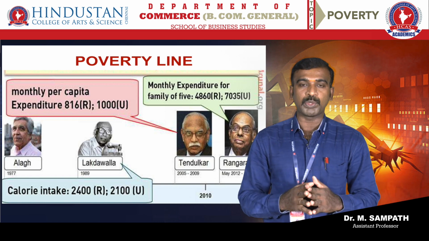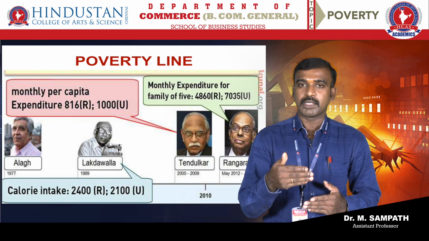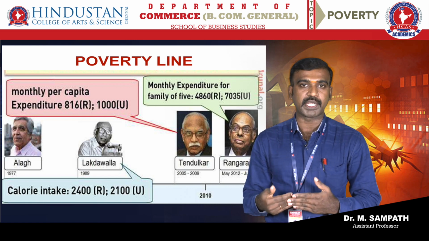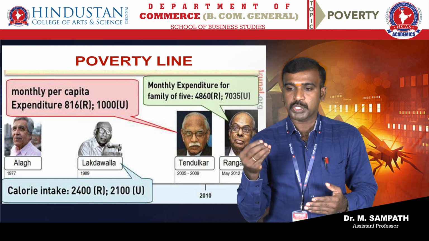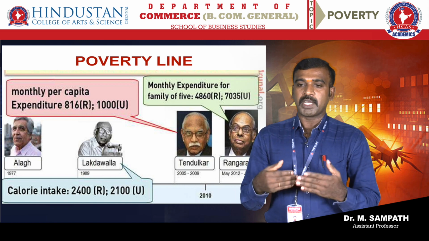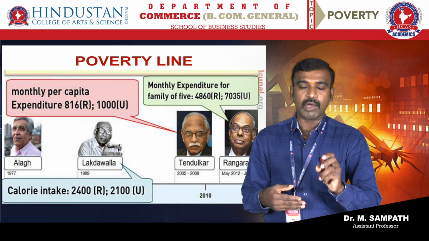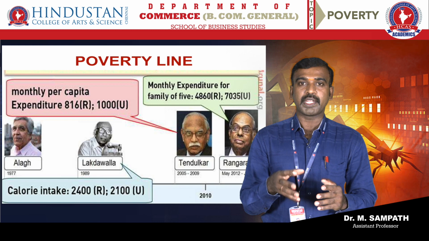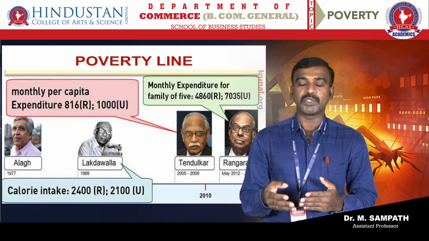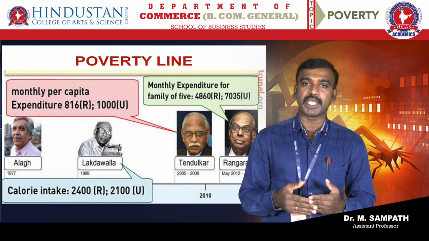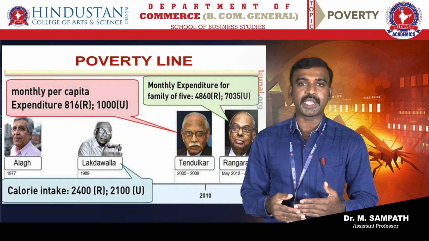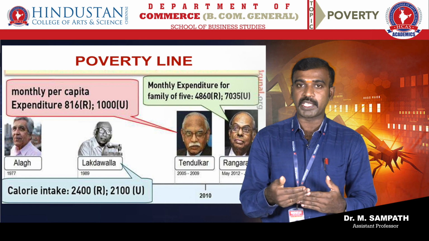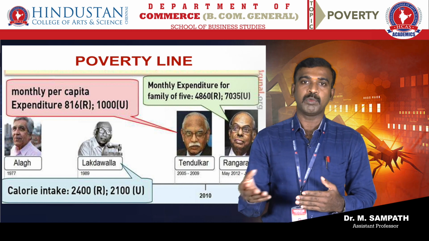Those who are not able to spend per month in this category come under the below poverty line. According to Rangarajan, for a family of 5 persons, those who are not able to spend 4,860 per month in rural areas and 7,035 in urban areas are called poor.